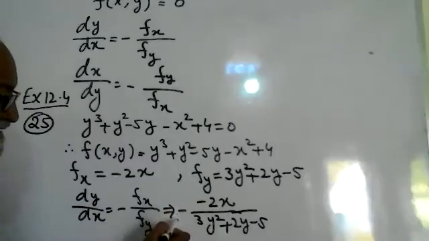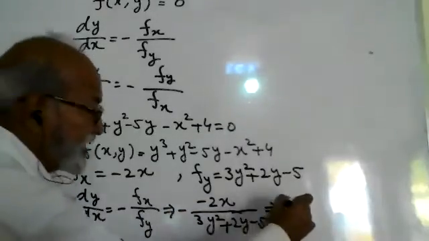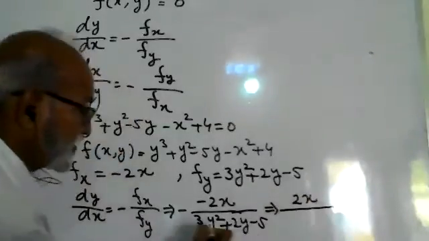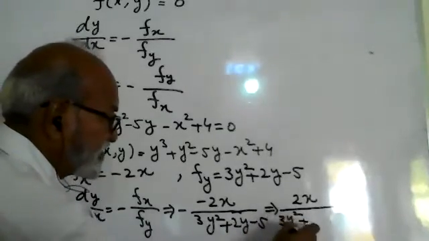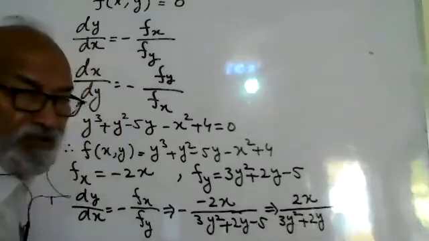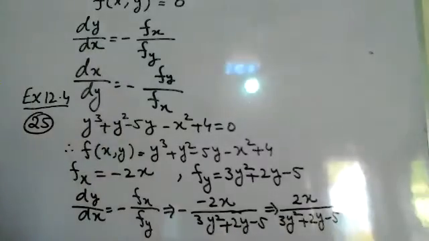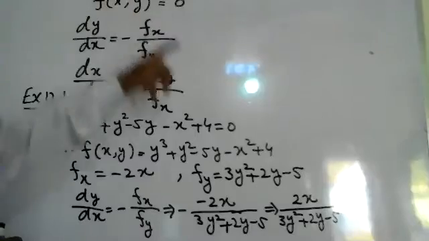Minus into minus will be plus. It will become 2x upon 3y square plus 2y minus 5. This is the answer. So if you use the method of the partial derivative to find the derivative of implicit functions, it will be easy for us.